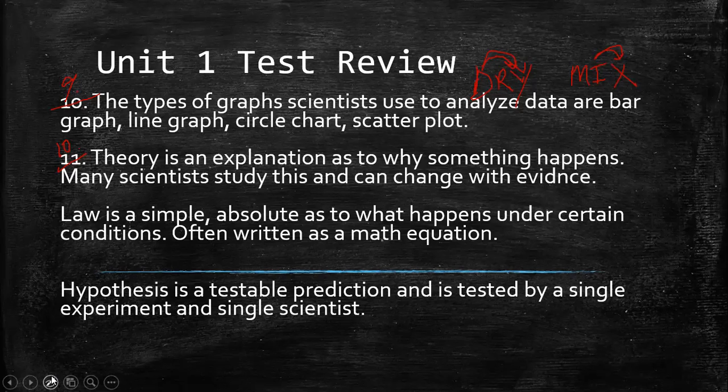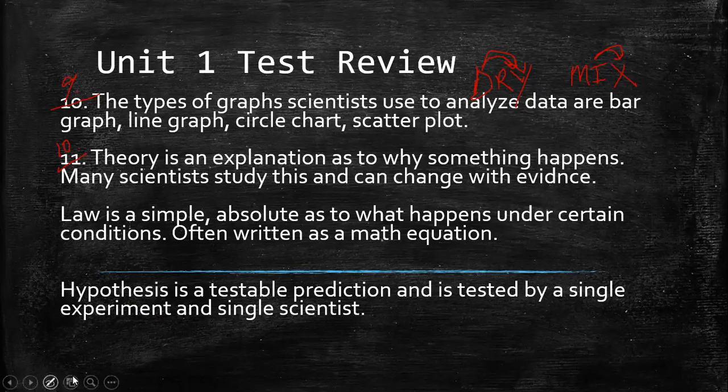A law is simple and absolute, and it's what happens under certain conditions, and it's often written as a mathematical equation. So it tells us what happens every time this situation is the same, right? So like I said, the law of gravity: if I keep dropping a piece of paper, it's going to be simple in the fact that that piece of paper is going to fall to the ground.